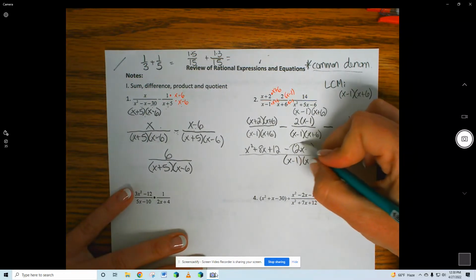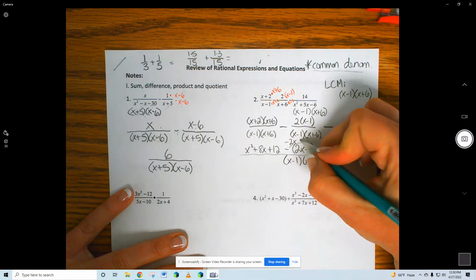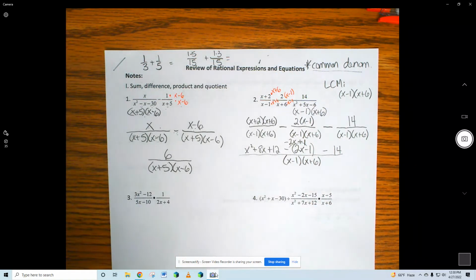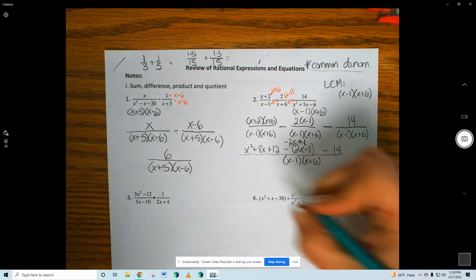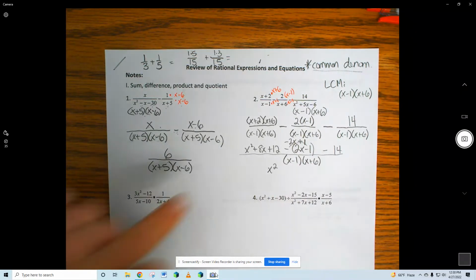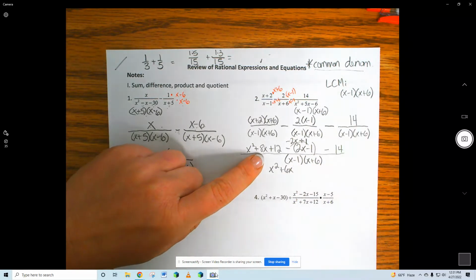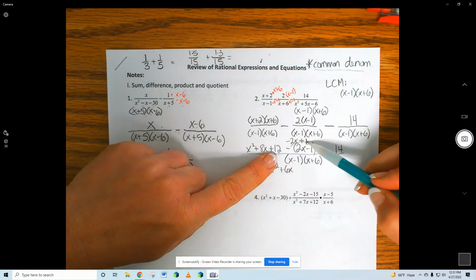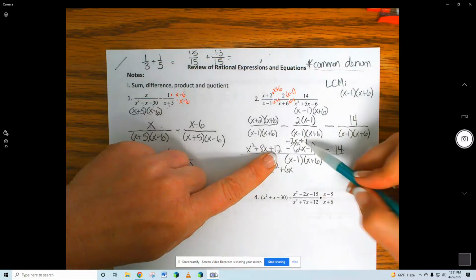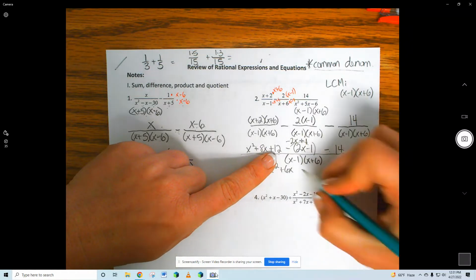This gets distributed, negative 2x plus 1. So now let's combine like terms. X squared is alone. 8x minus 2x, 6x. 12 plus 1 minus 14. 12 plus 1, 13 minus 14.